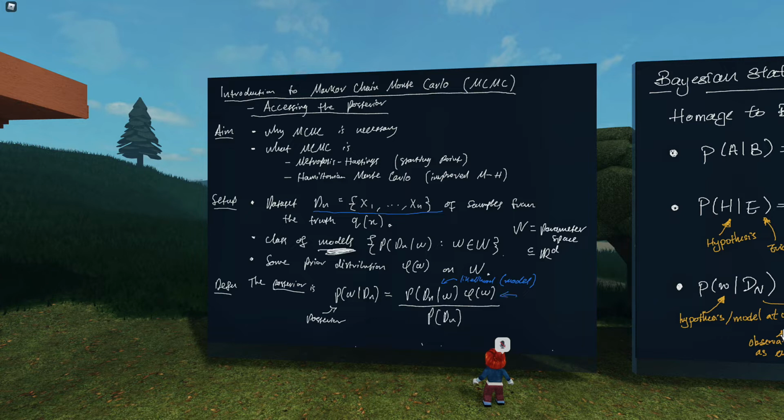This is the prior, and this is the evidence, which is essentially, because it does not depend on a parameter w, a normalizing factor such that the posterior is actually a probability distribution on the space of parameters. So the evidence is equal to an integral over the full space, capital W, of the numerator up there, the likelihood times the prior.